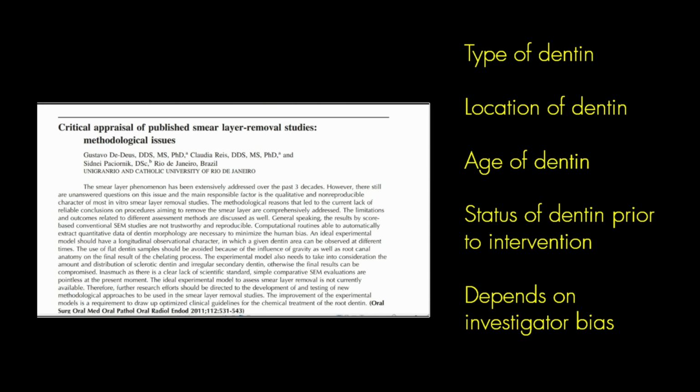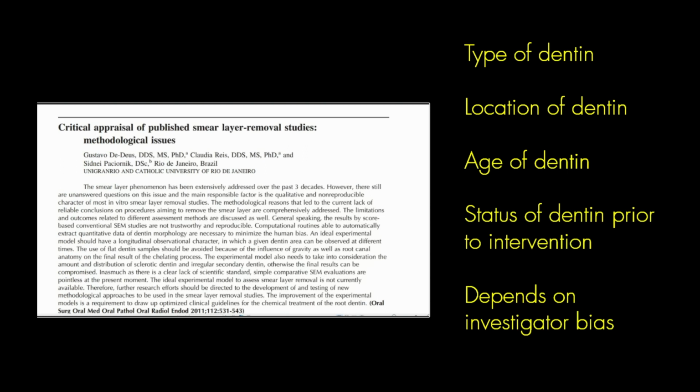It depends on the age of the dentin because the dentin is a function of the odontoblast, and the odontoblast ages and changes with time. It depends on the status of the dentin prior to your intervention. And typically, you don't know that status. We have no way of looking into the tooth and examining it prior to our intervention.